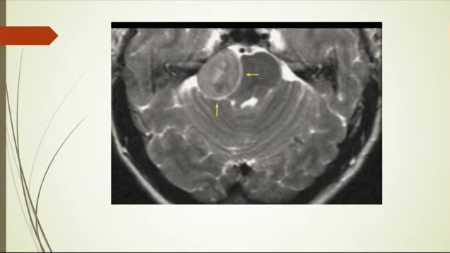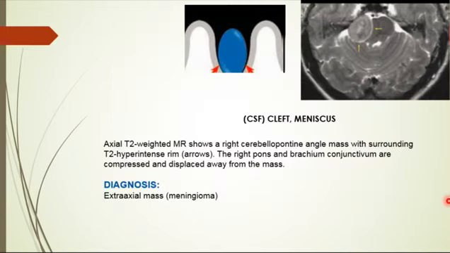So, what do we see here? An extraaxial mass in the right CP angle, cerebellopontine angle, with what's this line here? CSF cleft sign or meniscus sign, exactly. So, this indicates what? An extraaxial lesion, most likely a meningioma in this location and with this characteristic.